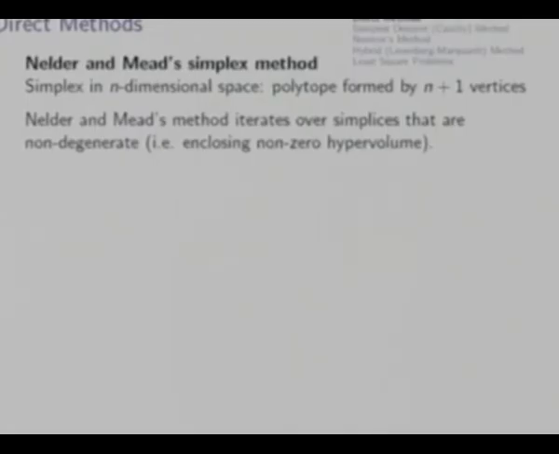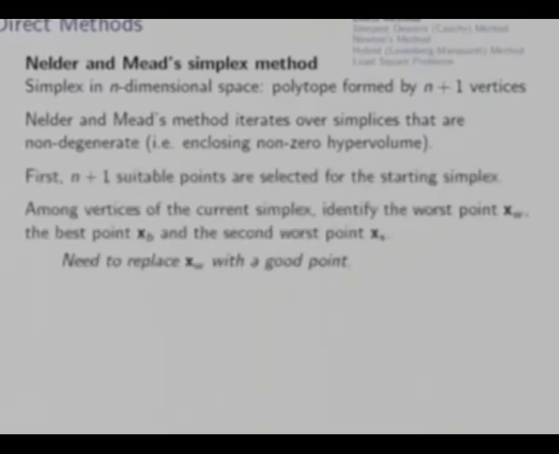Now, in the typical iteration, beforehand we evaluate the function at these n plus 1 points, and after evaluating the function at these points, we identify 3 of the n plus 1 vertices.